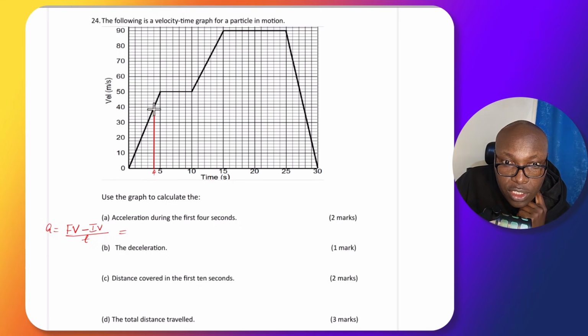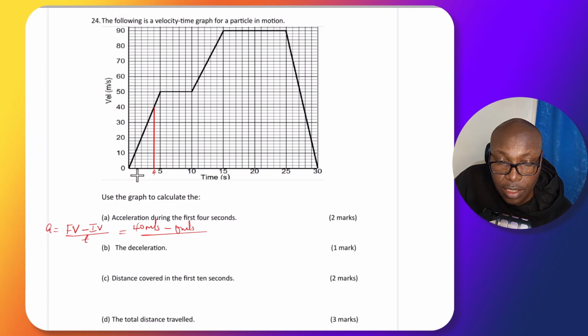The final velocity is 40, as you can see here. So from 4 seconds, 40 meters per second. Then the initial, of course, it started from 0. The initial is 0 meters per second.